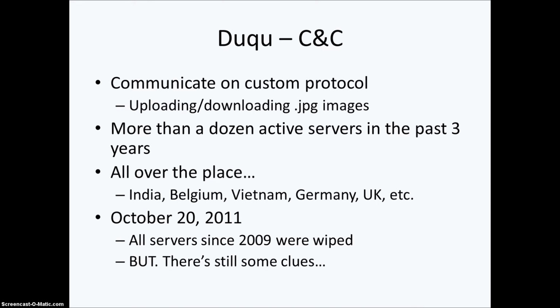However, researchers were able to find a little bit of information that was still left on them. One of the servers, server A, was found by Kaspersky researchers located in Vietnam. It was suspected of controlling Duqu infections that were based in Iran.